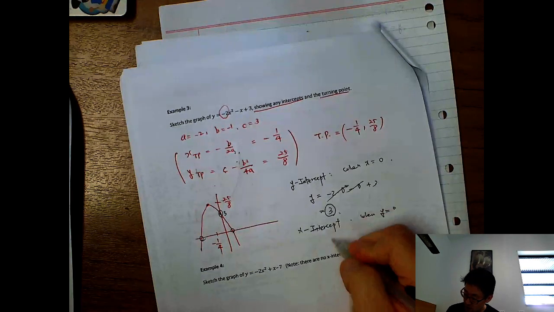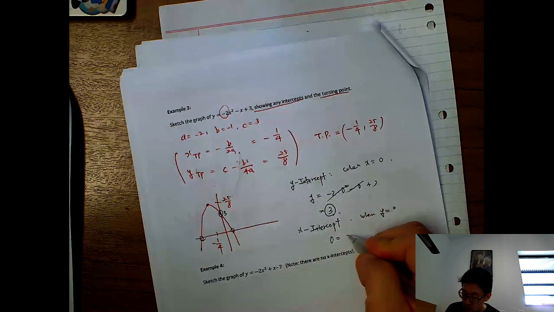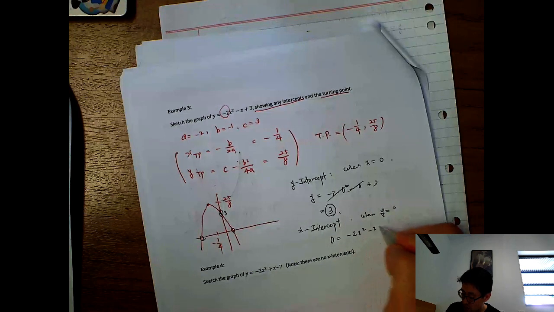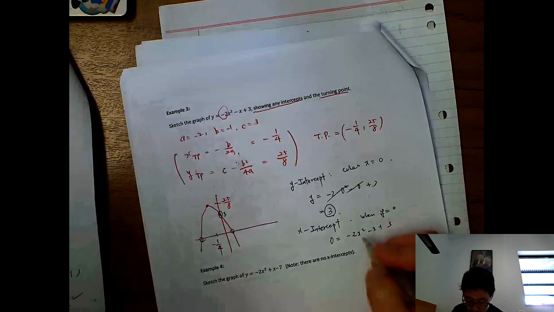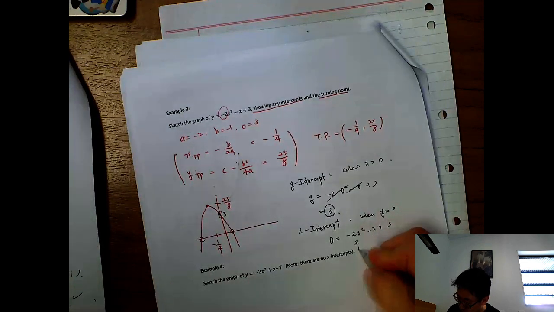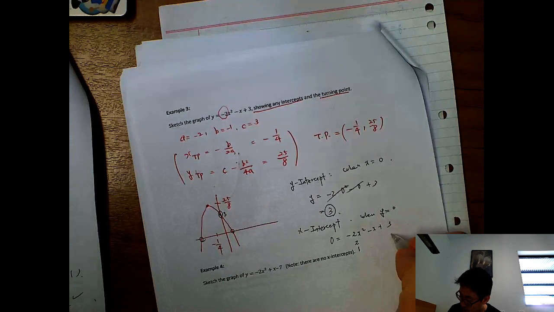So 0 equals minus 2x squared minus x plus 3. Then you figure out the only option is 2, 1, and 3, 1.